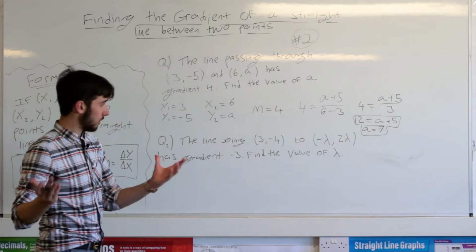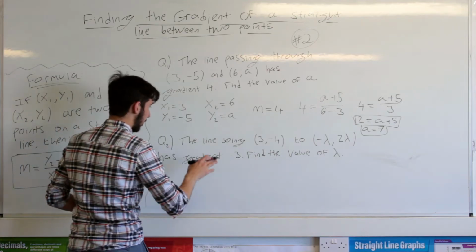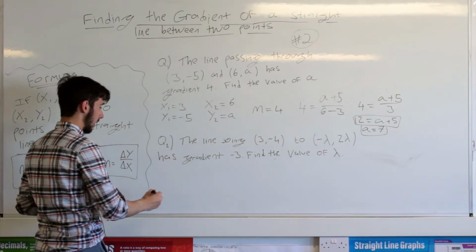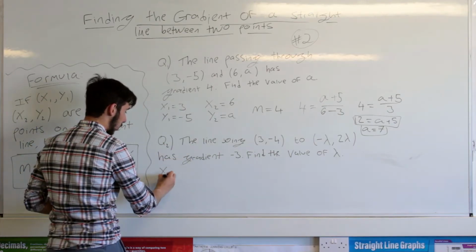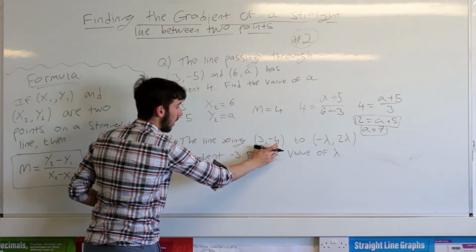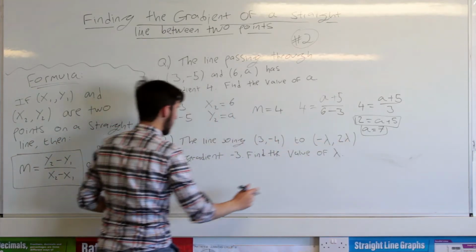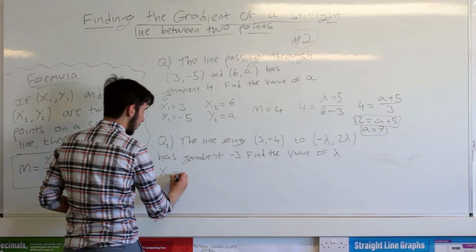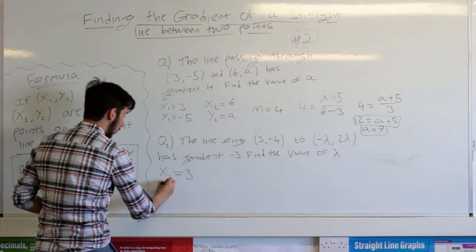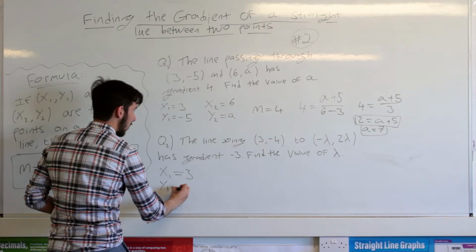But don't fear, we can do the exact same thing. Let's use the formula. Let's label things first. This is going to be x1, y1, and this is going to be x2, y2. So x1 is equal to 3, y1 is equal to minus 4.